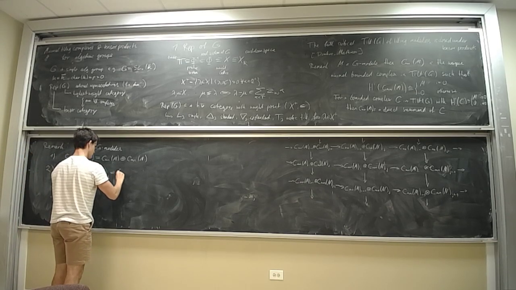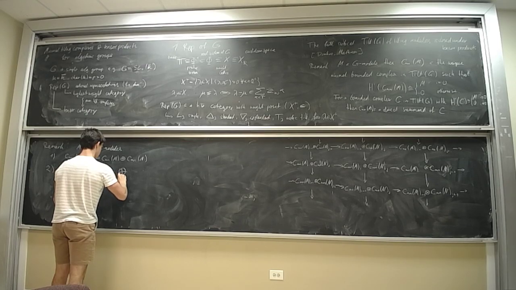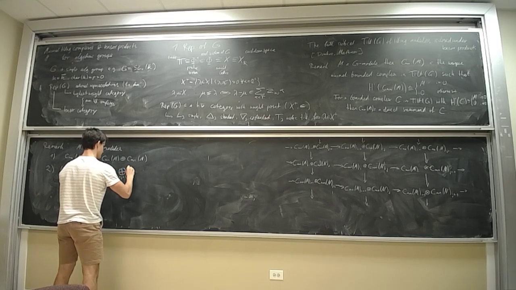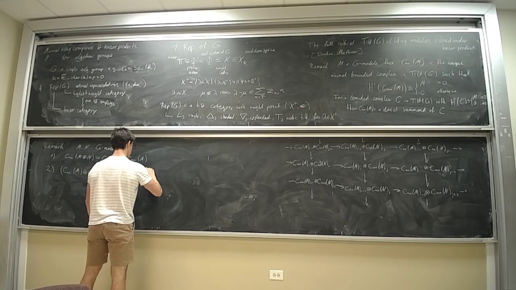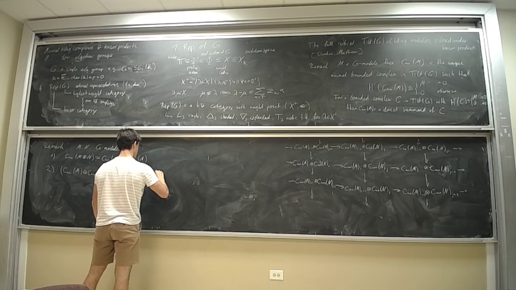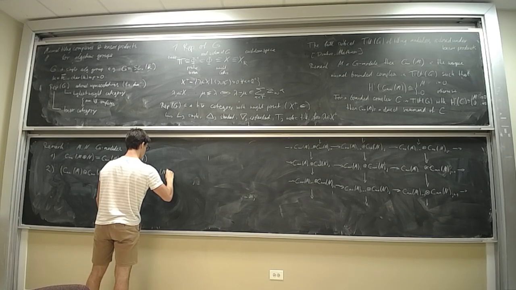So we take the direct sum over all i and j whose sum is k, and we take the tensor product of Cmin M_i tensor Cmin N_j.